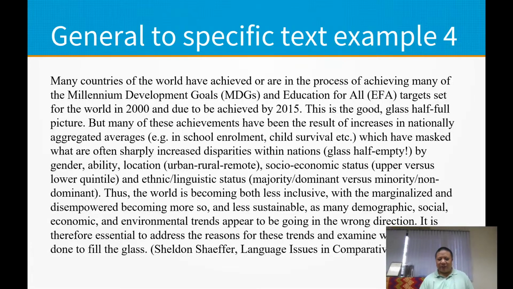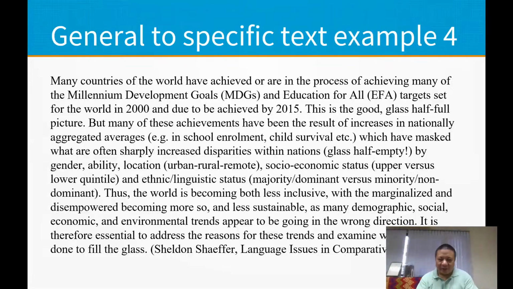But many of these achievements have been the result of increases in nationally aggregated averages, for example in school enrollment, child survival, etc., which have masked what are often sharply increased disparities within nations. Glass half empty. By gender, ability, location, urban, rural, remote, socio-economic status, upper versus lower quintile, and ethnic linguistic status, majority dominant versus minority non-dominant.